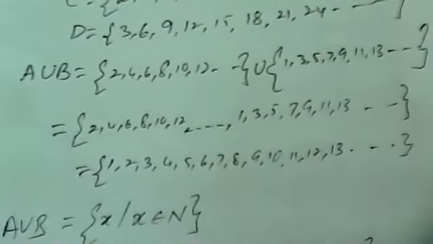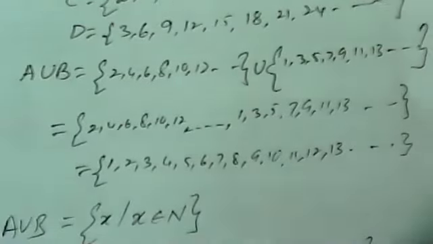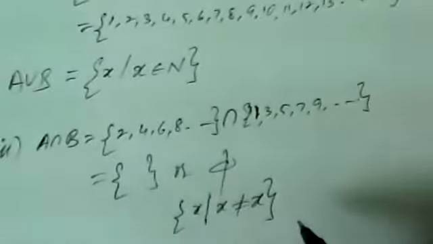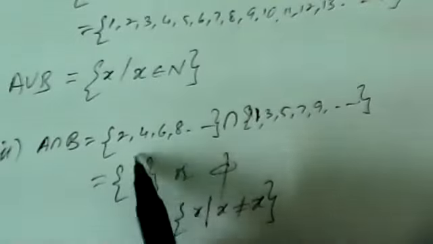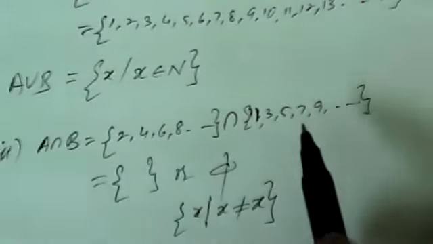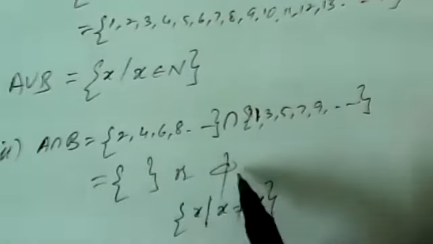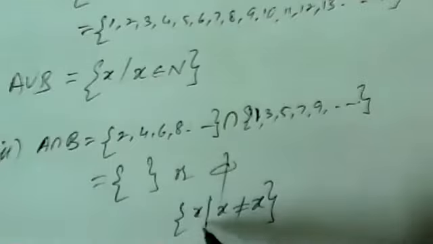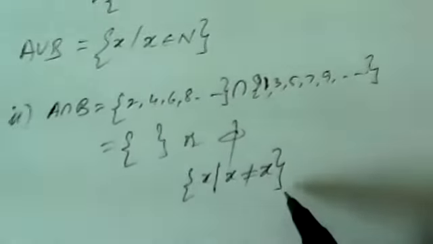It is the empty set, phi. In set builder form, it is the set of all elements x such that x is not equal to x. Intersection of even numbers and odd numbers has nothing common, so it is the empty set phi.